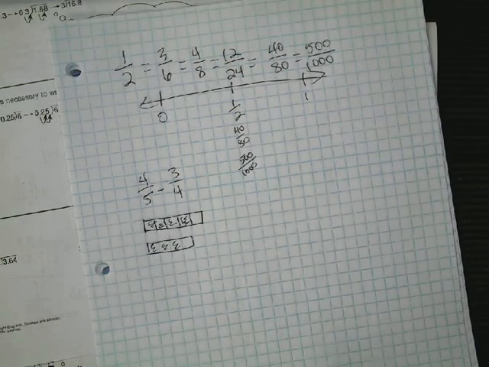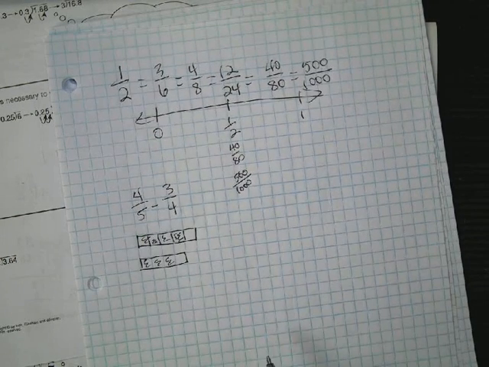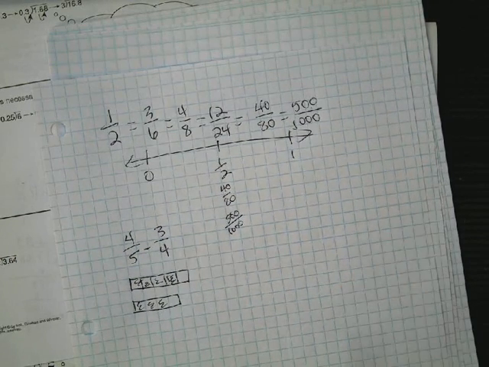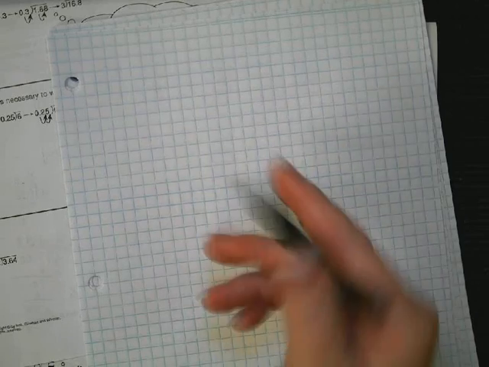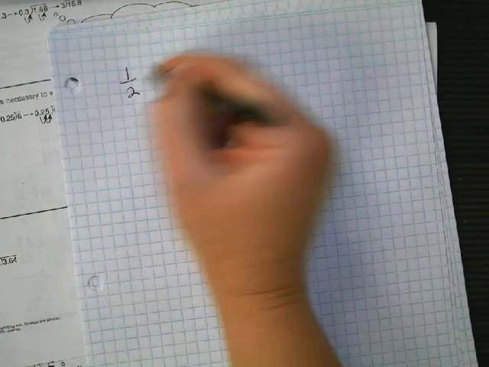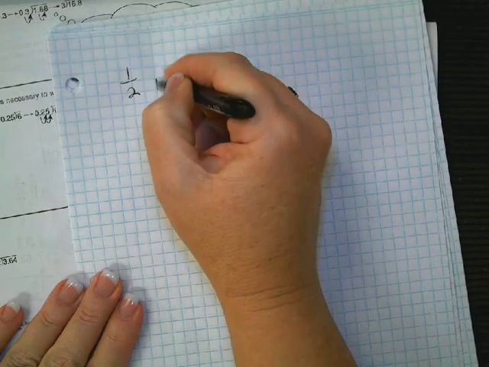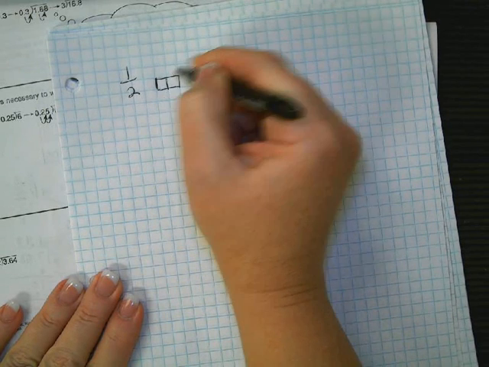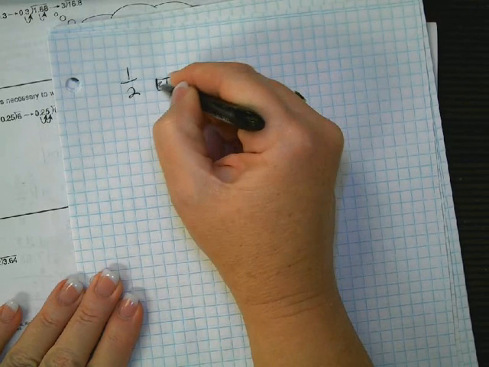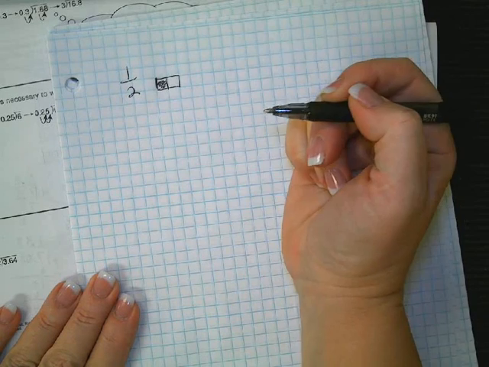So now that we know a little bit about equivalent fractions and that they have the same value on that number line, I want to do some modeling for you. So I'm going to write down the fraction 1/2, and I'm going to model that for you on here. There's 2 halves, that makes a whole, and then 1/2 would be one of these shaded.